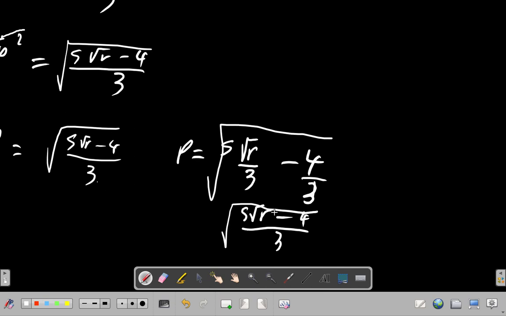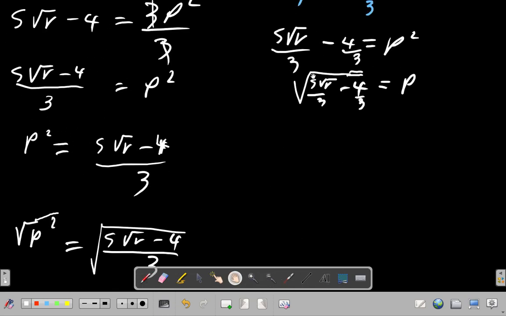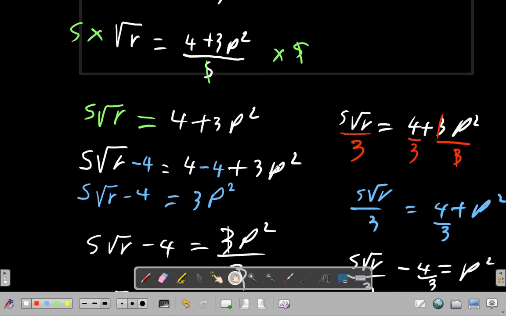So you see it's the same thing, right? So you have different ways of doing this. I like to subtract the 4, then divide by 3. Well, you could divide by 3 first and subtract the 4, and so on and so forth. Alright?